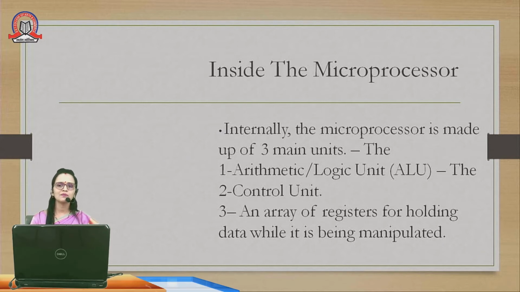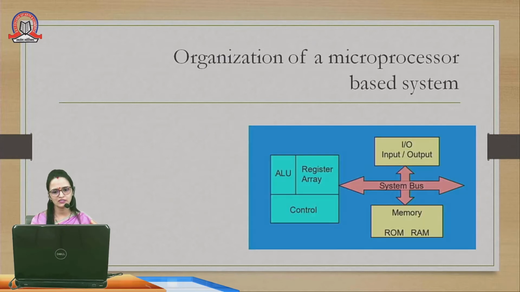So the three major things that make up the whole organization of the microprocessor are the ALU, control unit, and registers.